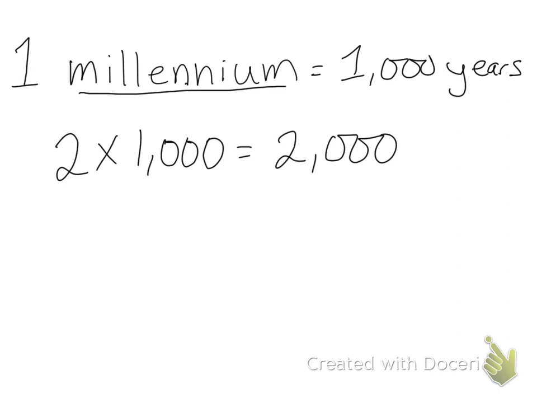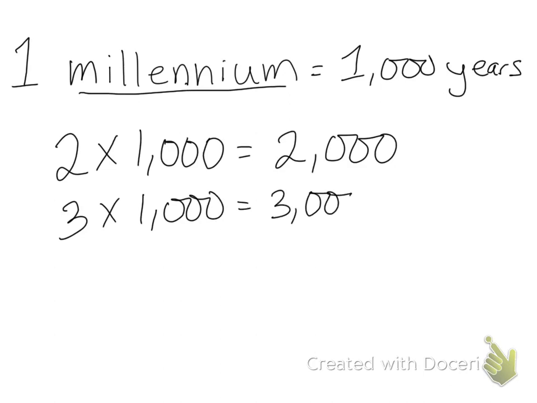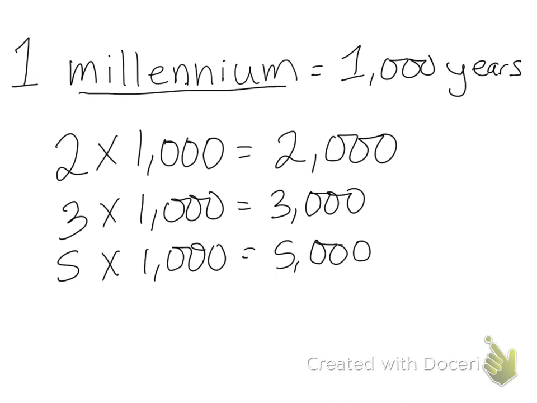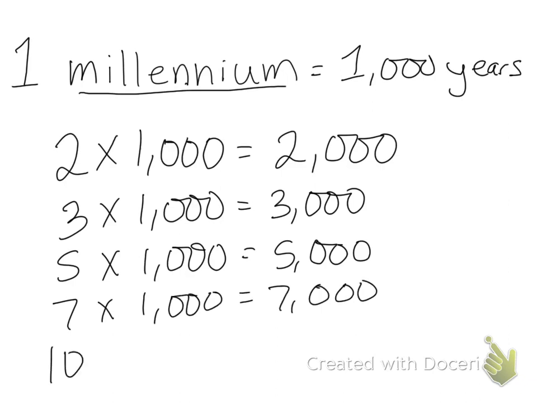Okay. 3 groups of 1,000 equals 3,000. 5 groups of 1,000 equals 5,000. 7 groups of 1,000 equals 7,000. And 10 groups of 1,000 equals 10,000.